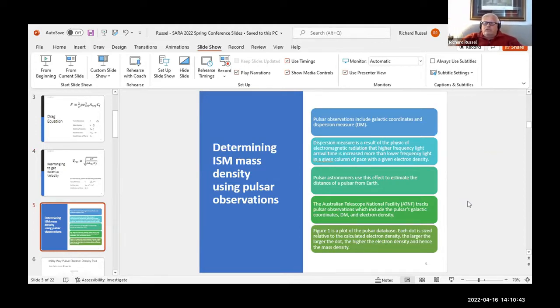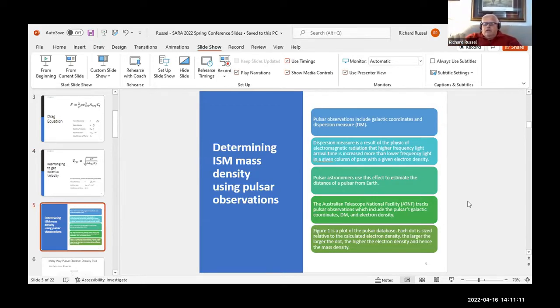Now, based on the dispersion measure, they can also make an assumption on the electron density and come up with a distance of that pulsar from the observer. That's assuming a density that is constant throughout the galaxy.